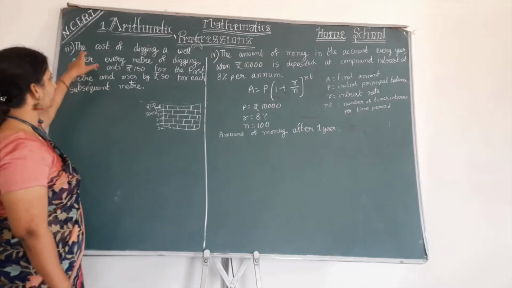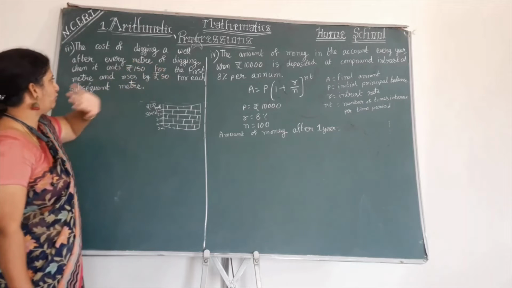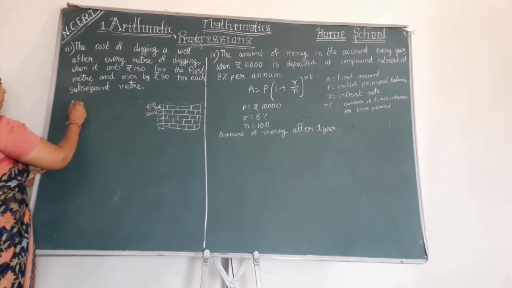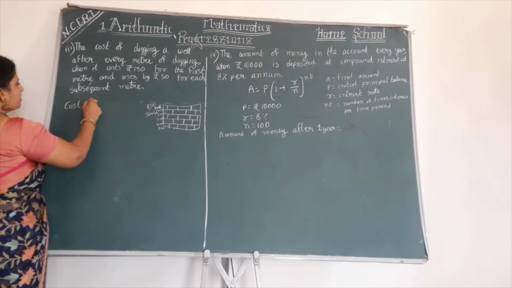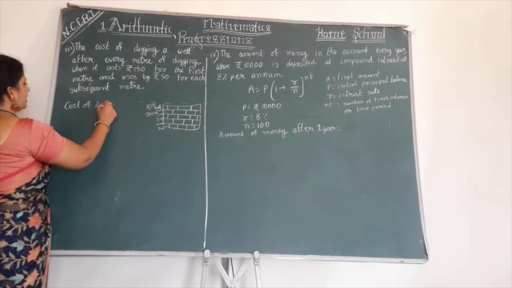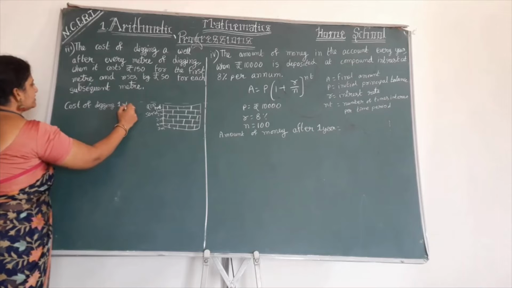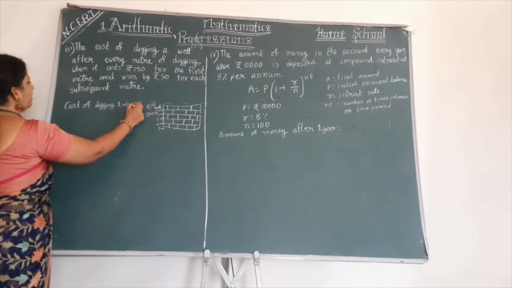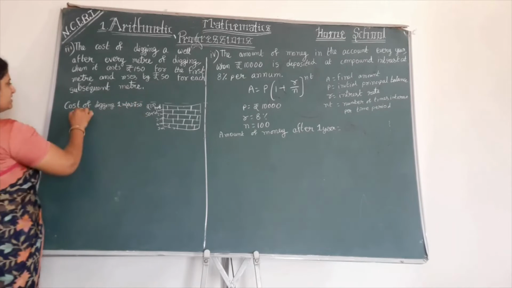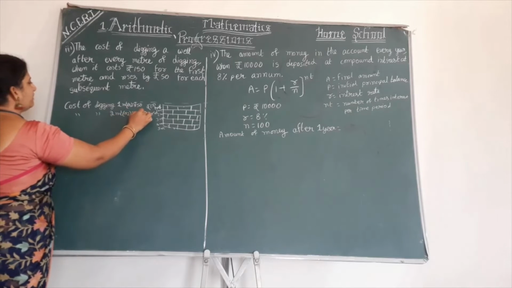So once again have a look here. The cost of digging a well after every meter of digging. Cost of digging after 1 meter, just imagine it as A1. How much amount I need to pay here? 150 rupees. Same cost of digging 2 meters. That will be A2. 150 plus 50.